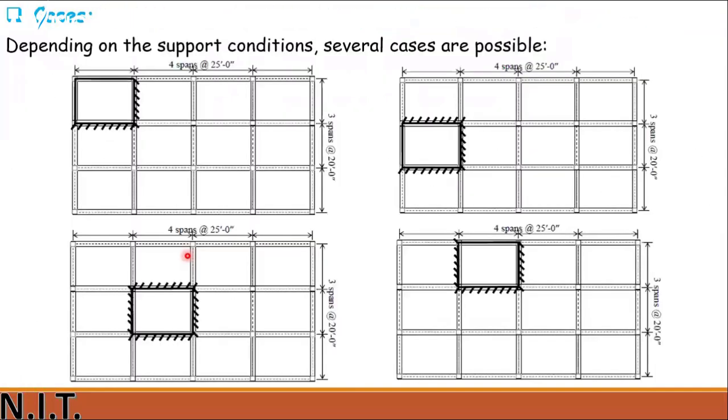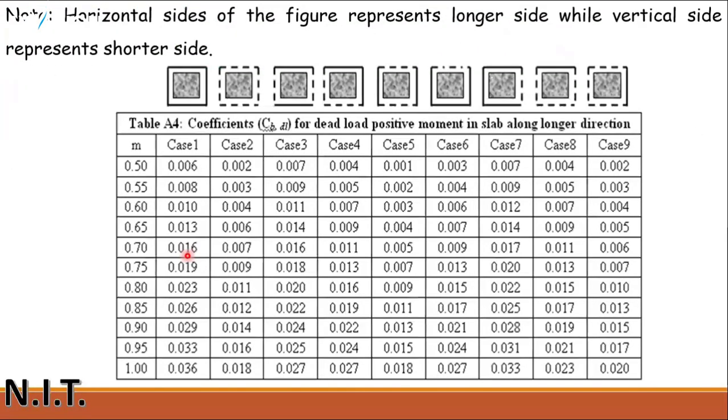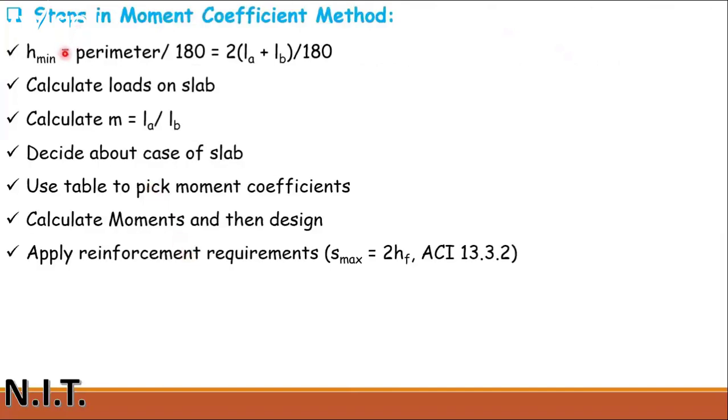Let me remind you of the few steps we need to follow in our design. The first step in two-way slab design is to calculate h minimum, the thickness of the slab.